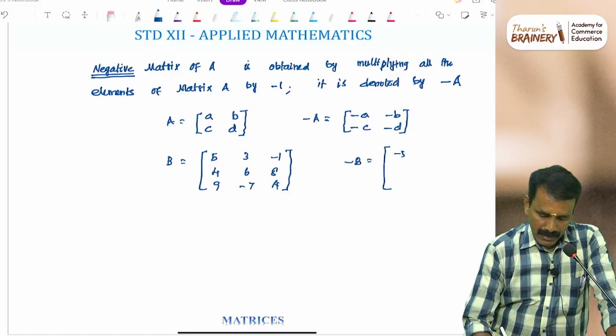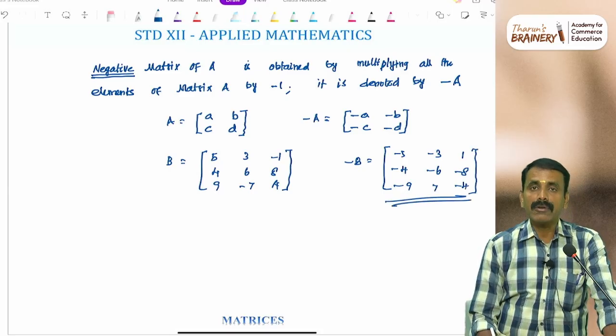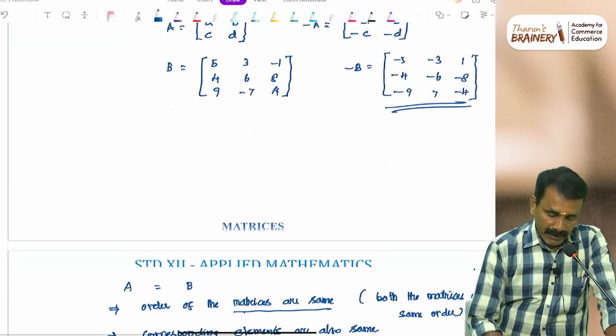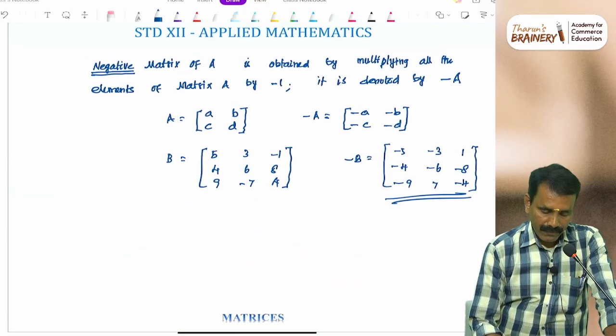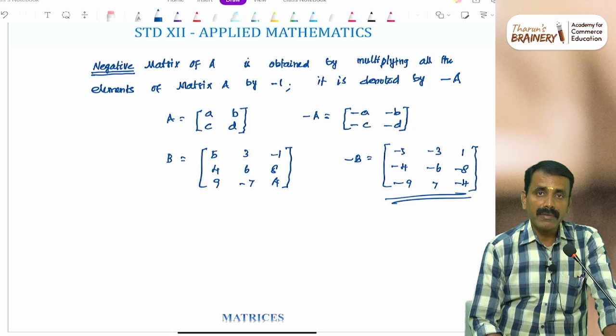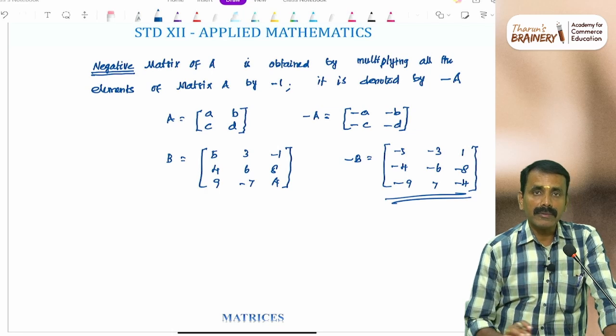It is -5, -3, +1, -4, -6, -8, -9, +7, -4. How did we get this negative matrix -B? We multiply all the elements of matrix B by -1.